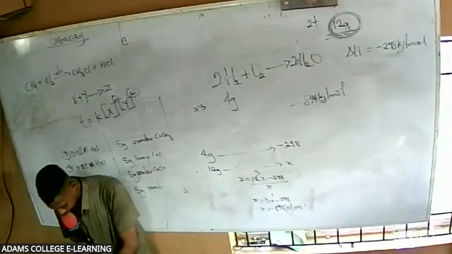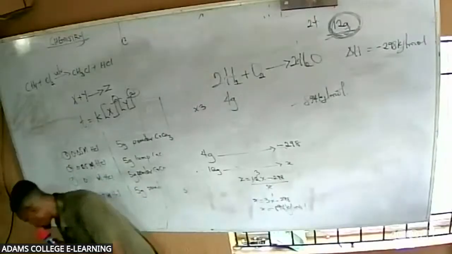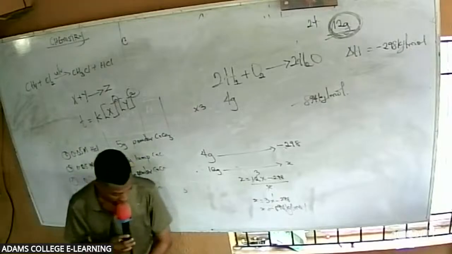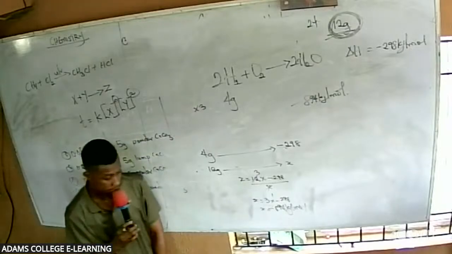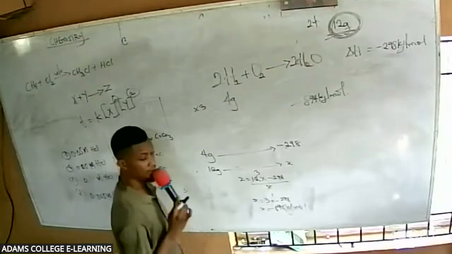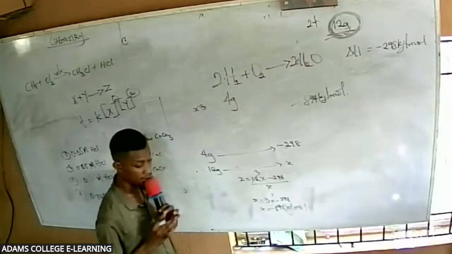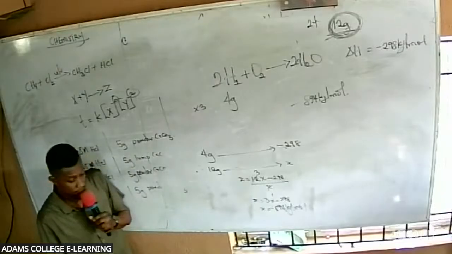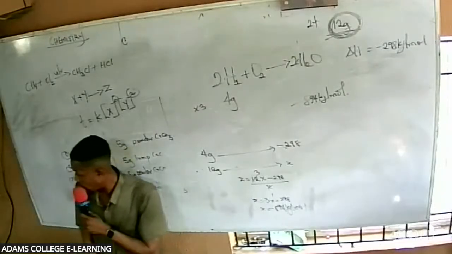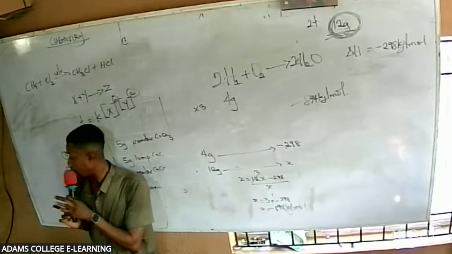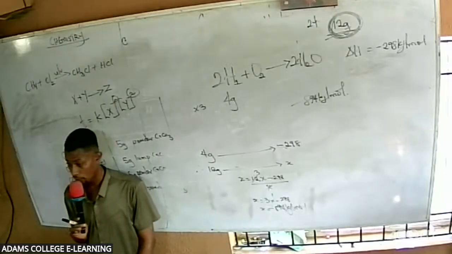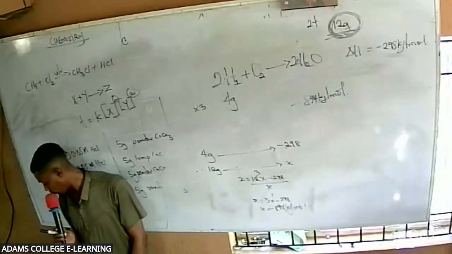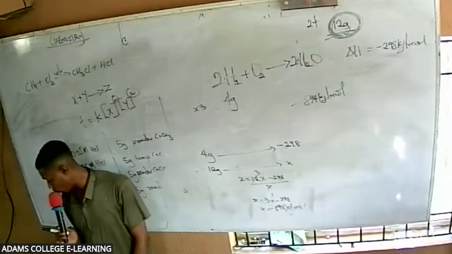Urea. In the combustion of ethanol, we have minus 789 kilojoules per mole of heat released.